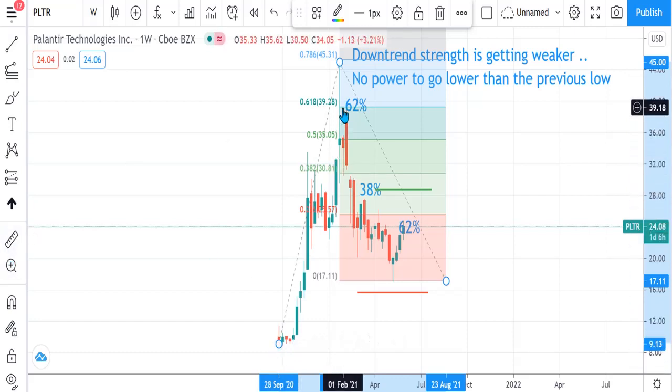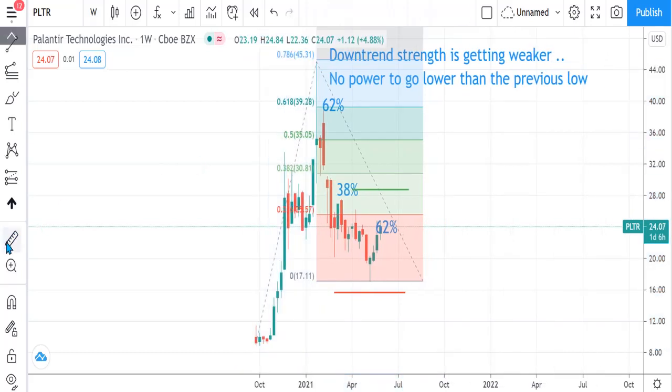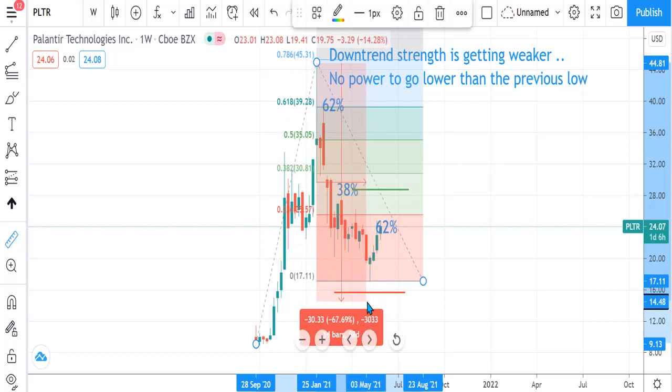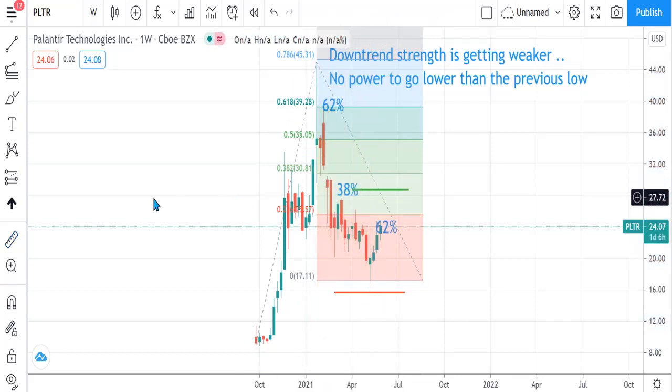Let me confirm it again. From here to high, it's 17 bars. From high to low is around 15, am I right? Yes, about 15, correct. So it's confirmed. The buyers took longer time, but the sellers took lesser time.